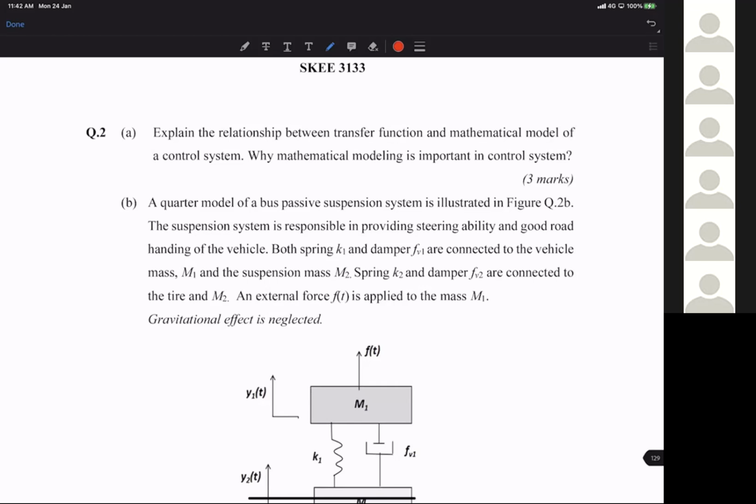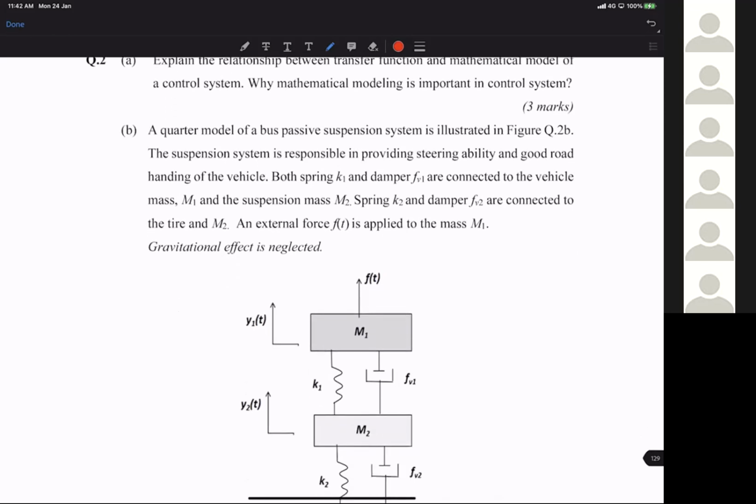B, a quarter model of a bus passive suspension system is illustrated in figure Q.2b. The suspension system is responsible in providing steering ability and good road handling of the vehicle. Both spring K1 and damper FV1 are connected to the vehicle mass M1 and the suspension mass M2. Spring K2 and damper FV2 are connected to the tire and M2. An external force Ft is applied to the mass M1.